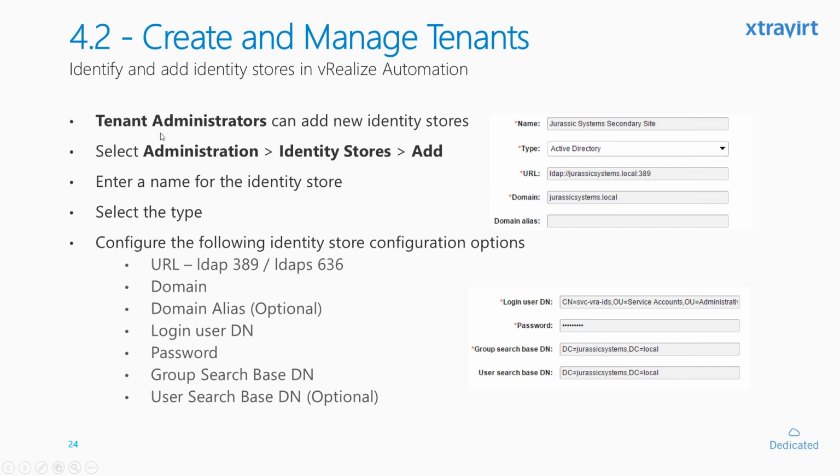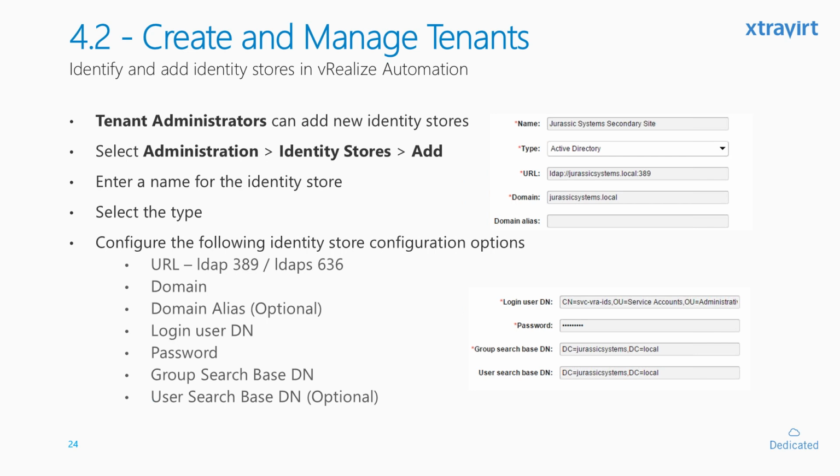As a quick overview, as a tenant administrator, we'll go into the administration tab, we'll hit identity stores, then add. You'll give the identity store a name, select a type, and as I say, we're operating in a subtenant here, so we will only see the Active Directory and the Open LDAP identity store type available to us there.